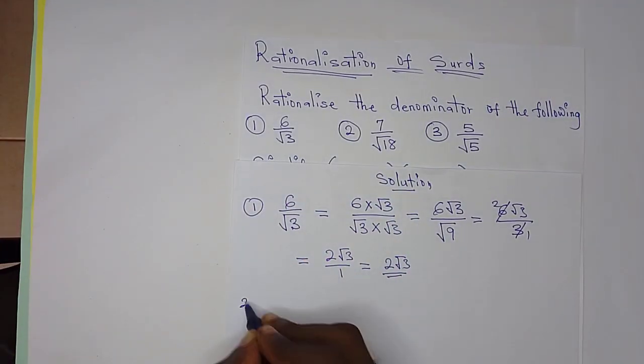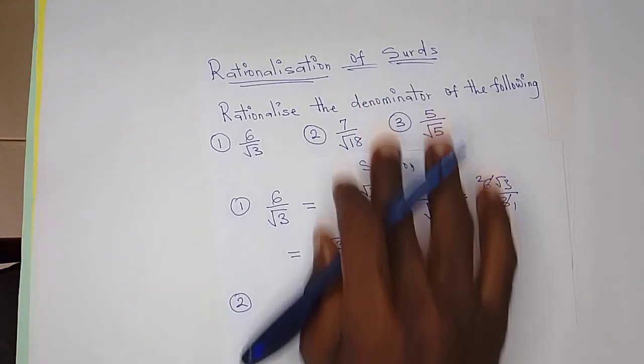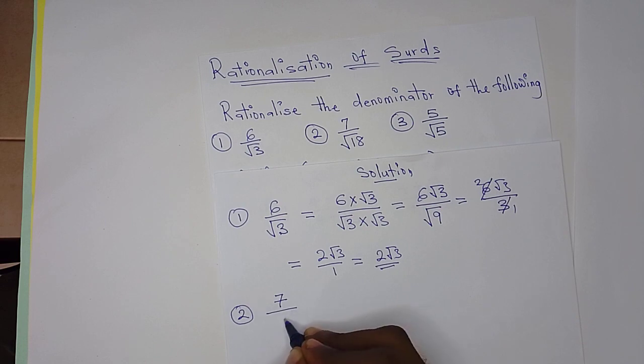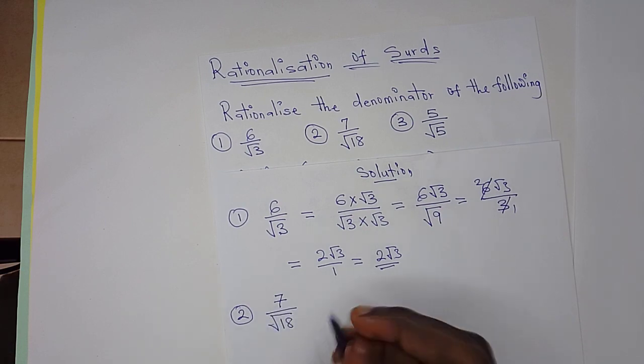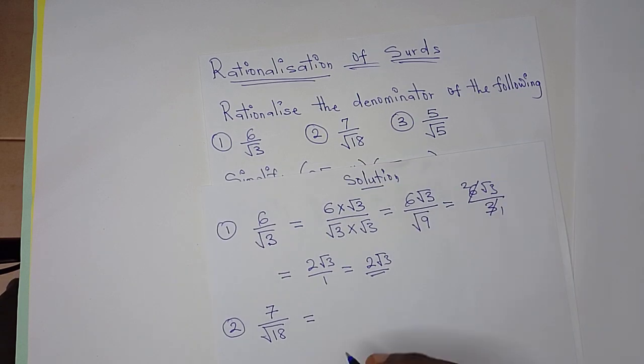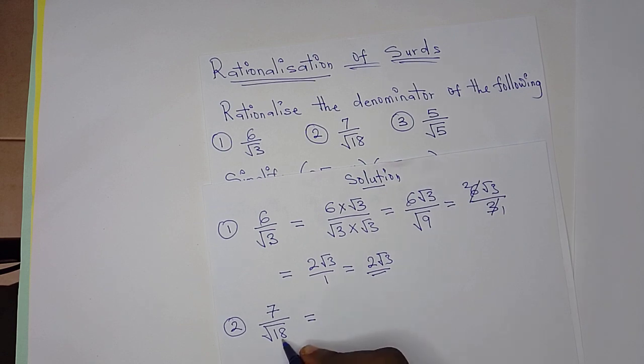So let's take number 2 question. Number 2 question says 7 over root 18. Rationalize 7 over root 18. Now, in this case, I'm not going to multiply this by 18 directly because there is a number that can go into 18.